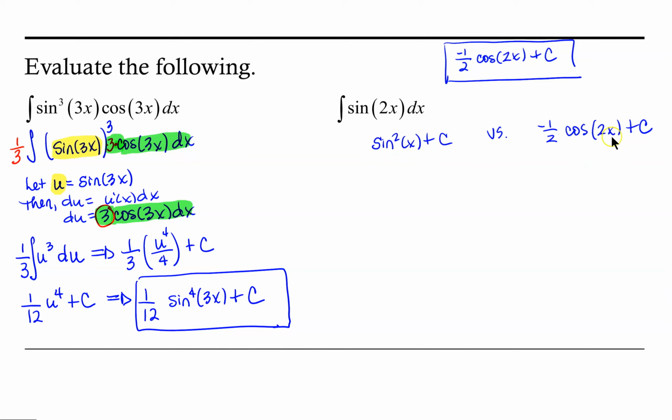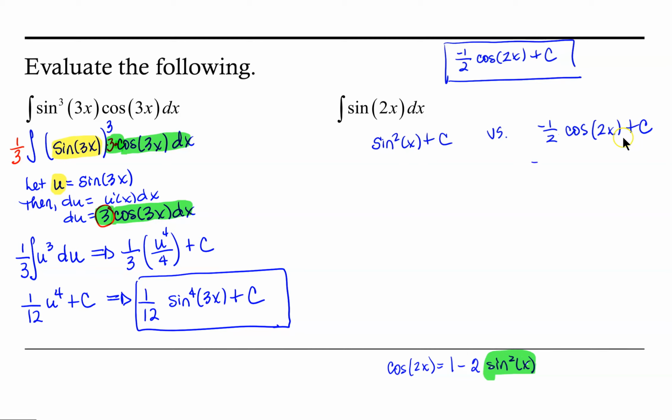But let's explore what our negative 1/2 cosine of 2x plus c solution would look like if we applied some trigonometric identities. The first identity that we might want to consider is that cosine of 2x is equal to 1 minus 2 sine squared of x. And right away, we might be starting to see a connection between our solution on the right and our solution on the left.